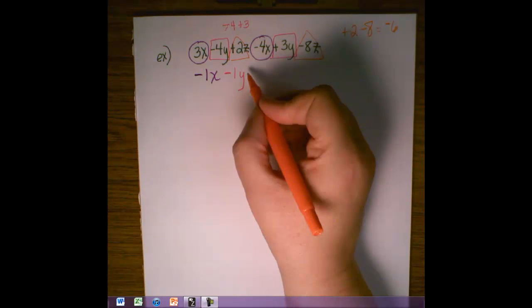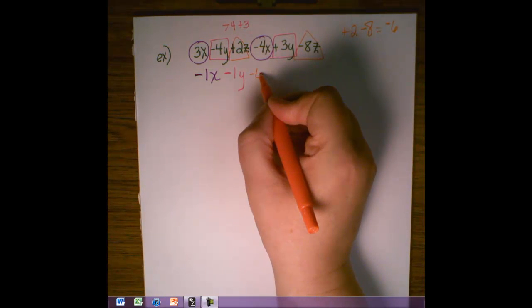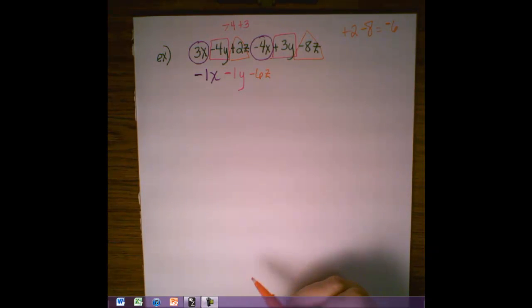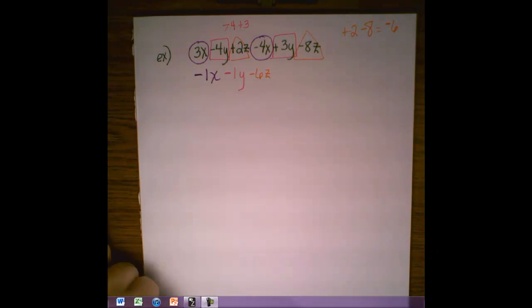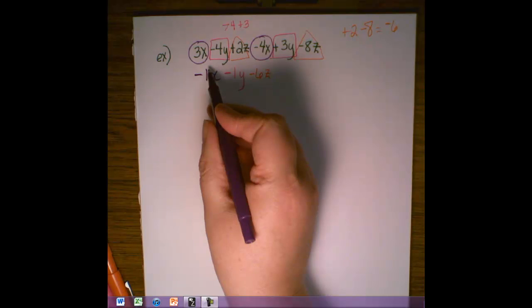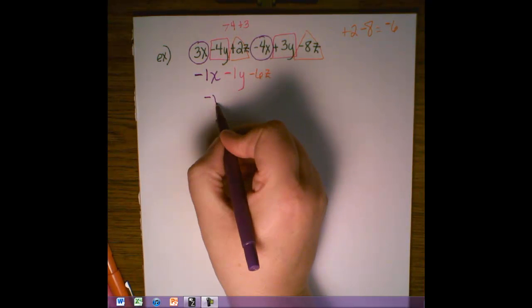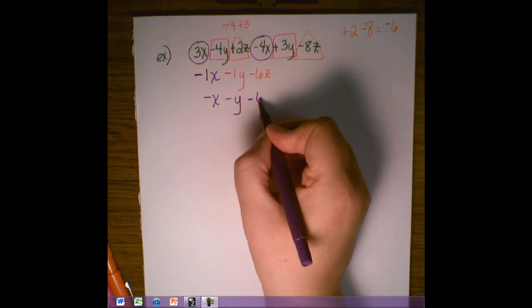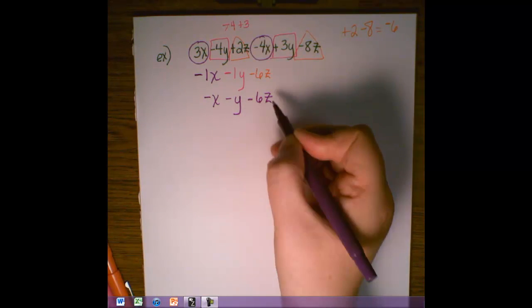And so this is going to then be -6, and I keep my z. And in this case, what we can also remember is we do not actually need the understood 1 there. We could also write this as -x minus y minus 6z.